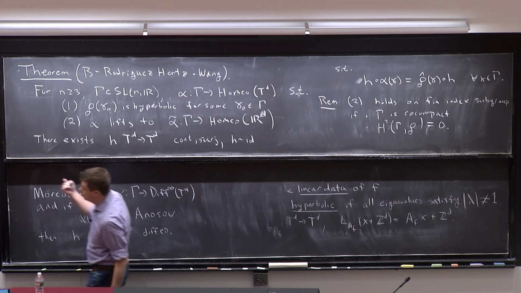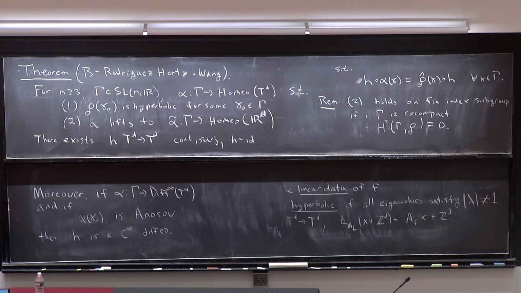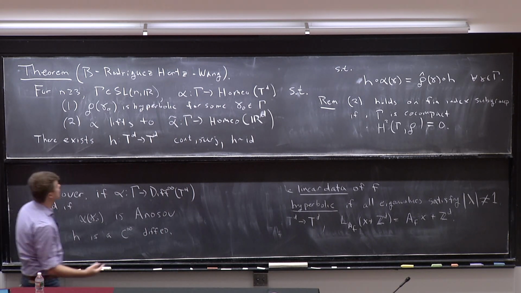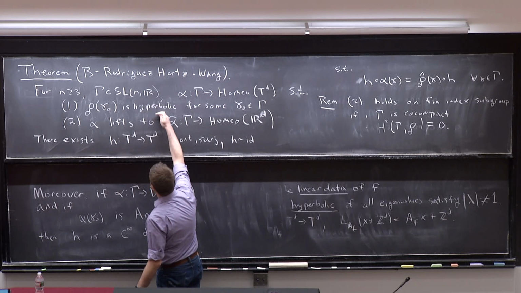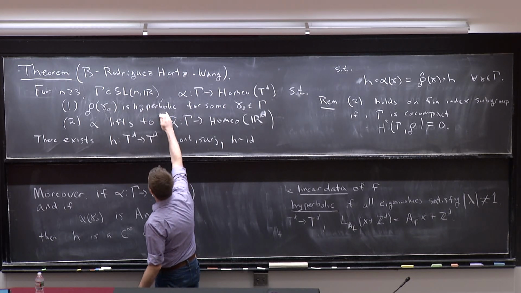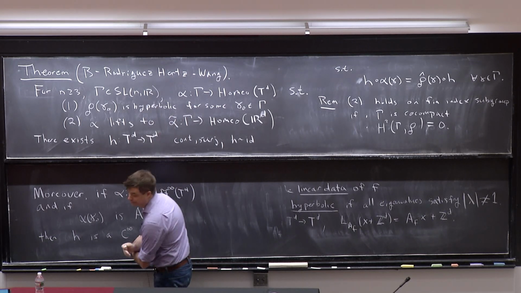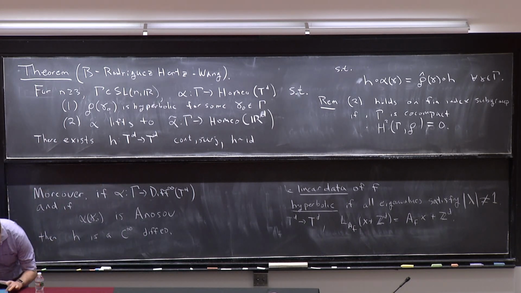Given any lattice and any representation of this form, you can always build an action on the torus. And here we're able to classify them, at least the ones that have this mild hypothesis that you have hyperbolic linear data.